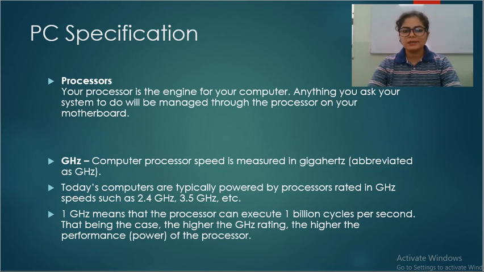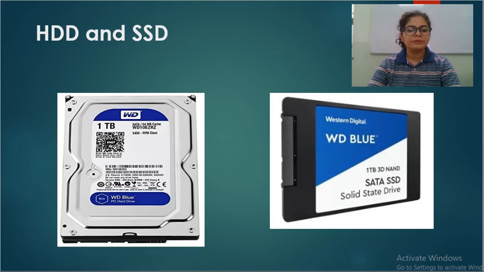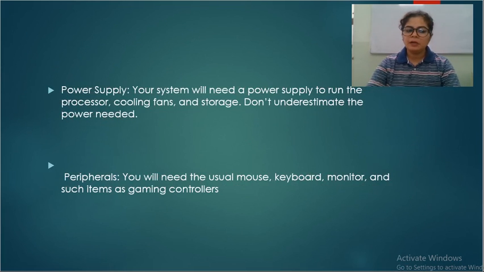After that, we covered PC specification, the features required to specify the PC and on which the speed of the PC depends: RAM, ROM, hard disk drives, motherboards, graphic cards, power supply and peripherals.